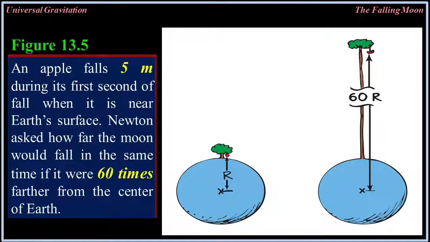Figure 13.5. An apple falls 5 meters during its first second of fall when it is near Earth's surface. Newton asked how far the moon would fall in the same time if it were 60 times farther from the center of the Earth.